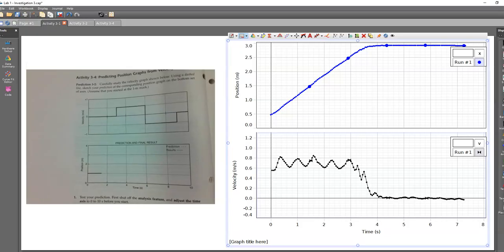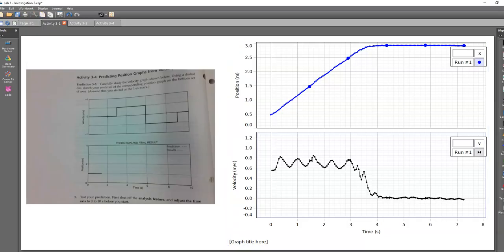Okay, so why don't I go ahead and do that? I'm going to stand at the 1 meter mark, and I'm going to walk backwards about 1.5 meters over 3 seconds. So this is about, let's see, that's 2 meters, so that would be right about here, okay?